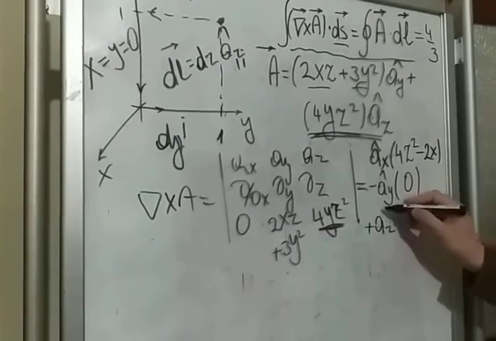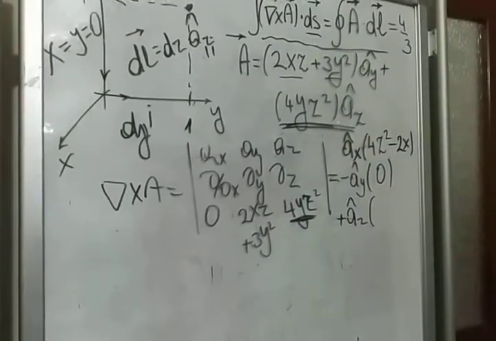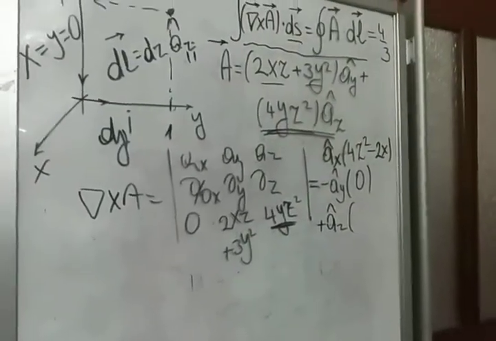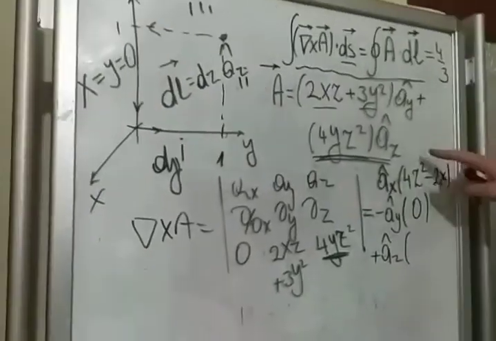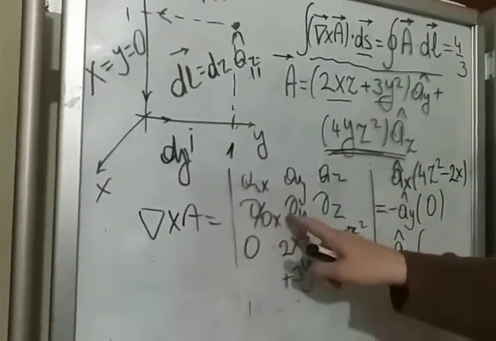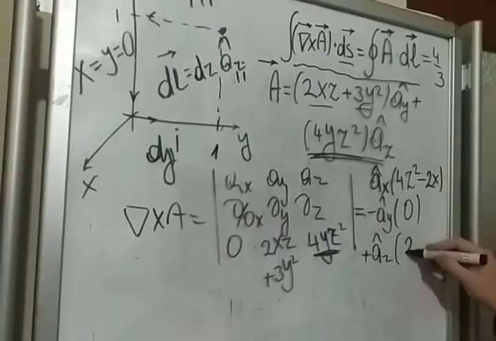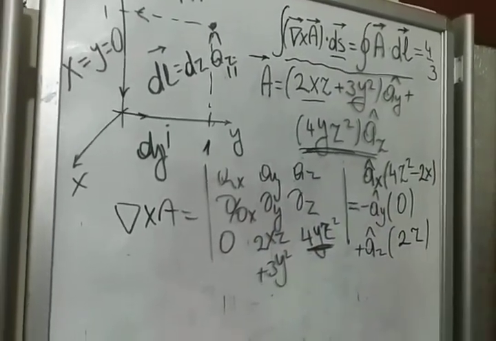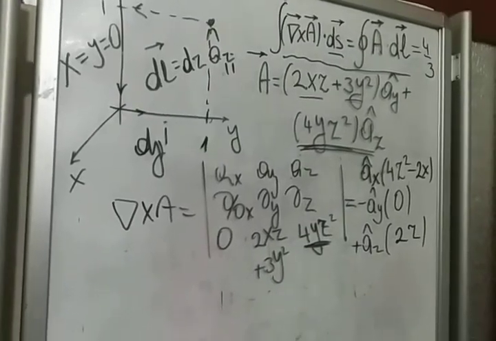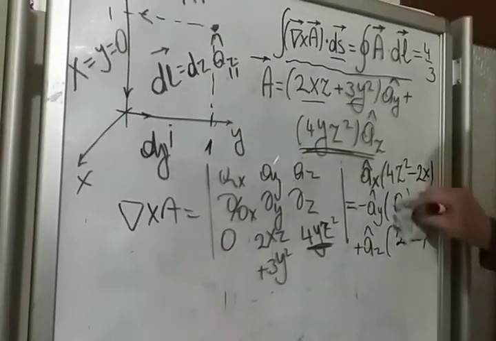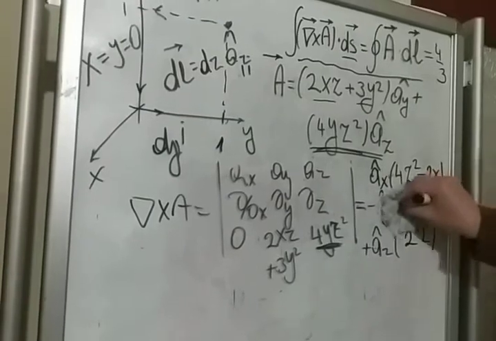This is the third candidate for the direction of the curl of A. We could have gone a little faster in this part, but for the AZ, we just have the derivative of this term with respect to X, which is a pure 2Z. Good.